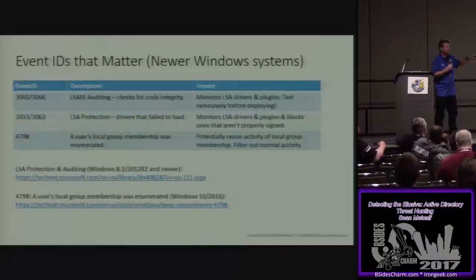Keep in mind, though, before you do this, you do want to test, because if you have a security product that shims LSASS to get information about what's happening on that Windows system, it will cause problems. So be careful. But you definitely want to test these out and use these advanced features. Looking at drivers that fail to load, connecting to LSA, you can protect it and say only signed binaries can connect to LSA and plug into it.